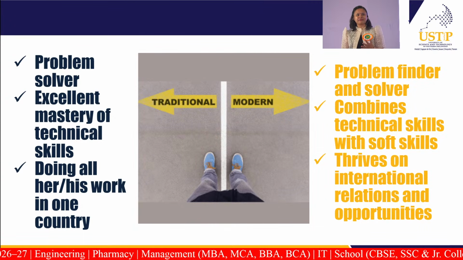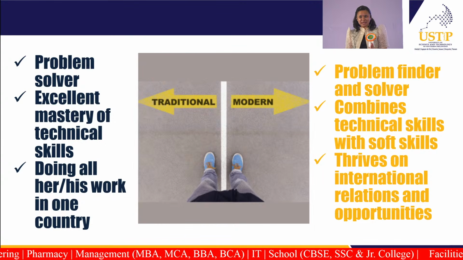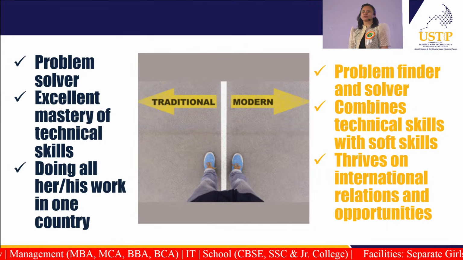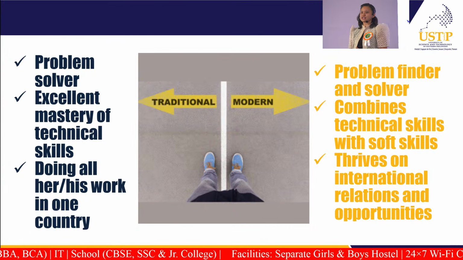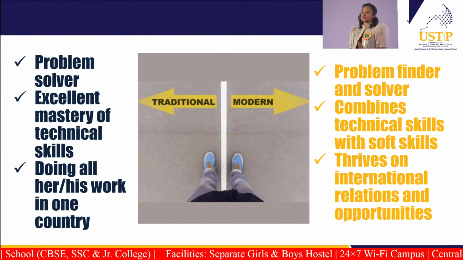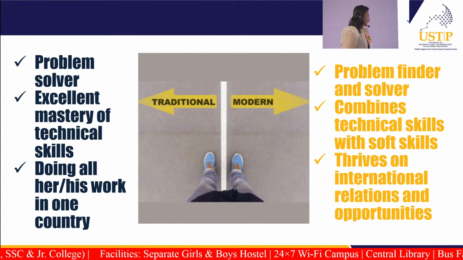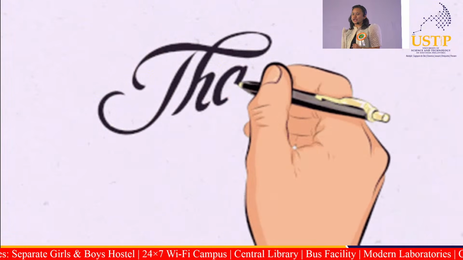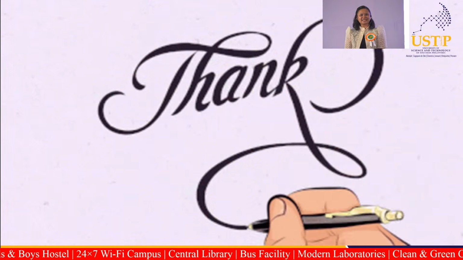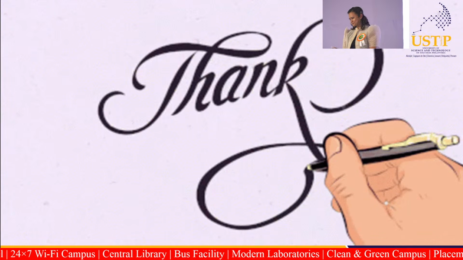I believe Indians have the highest potential. Explore what your potential is and make the best of your skills. So thank you so much. Shukriya for listening to my presentation.